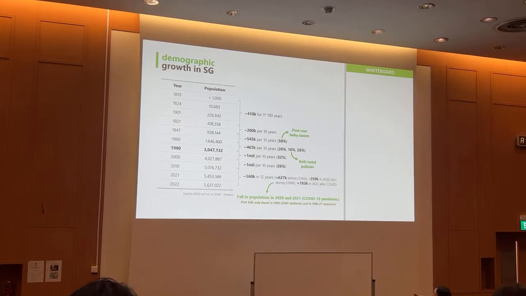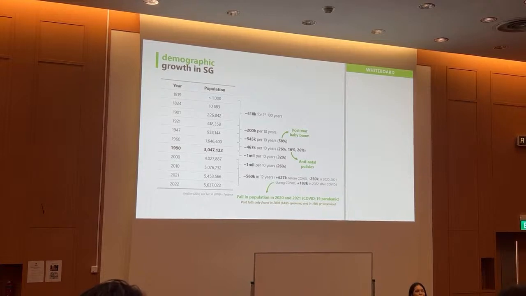Then, in this recent decade, there is some exceptional event happening, which is the COVID-19 pandemic. Due to the COVID-19 pandemic, there was an exceptionally big fall in population in Singapore. So you can see negative 250K. Very rarely does Singapore have a fall in population.